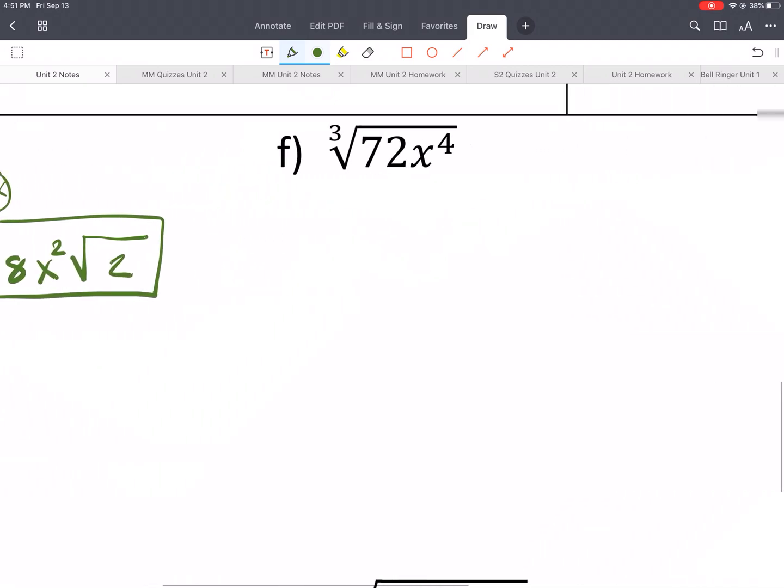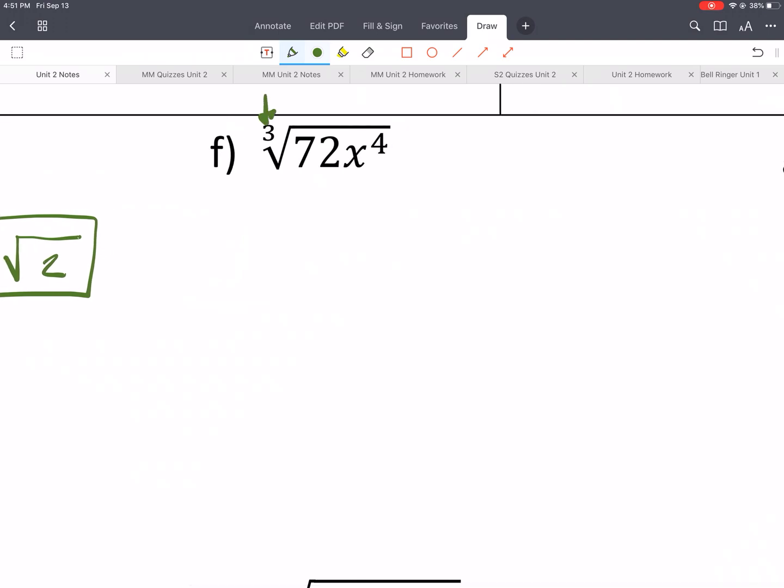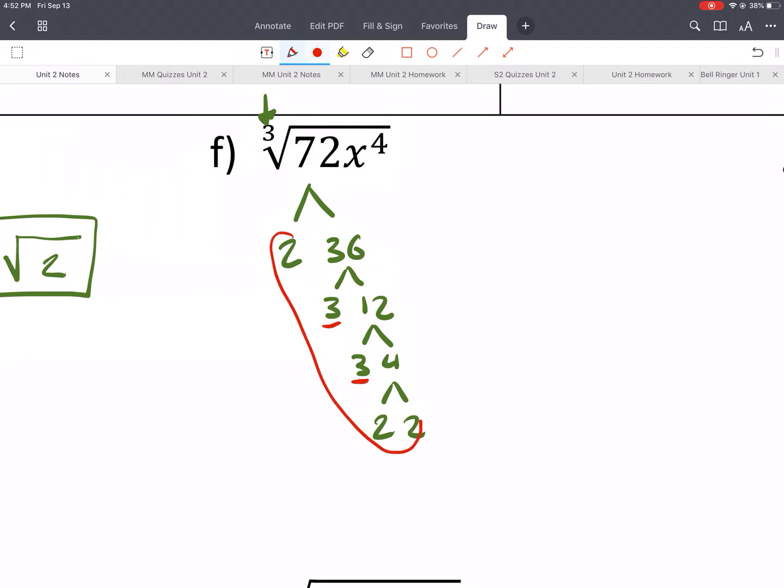Next, it's a cubed root, so make sure you notice that we're looking for groups of 3. So 2 and 36. 3 and 12, 3 and 4, and 2 and 2. Well, we don't have enough 3s, but we do have enough 2s to make a group.